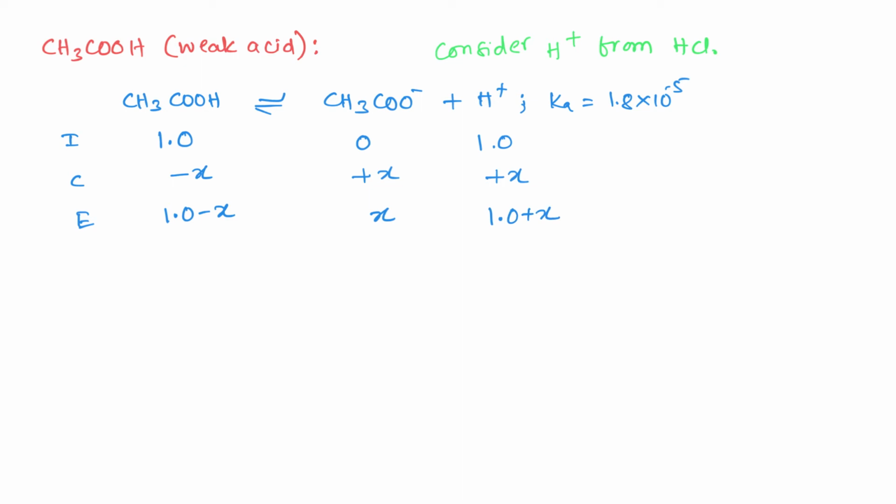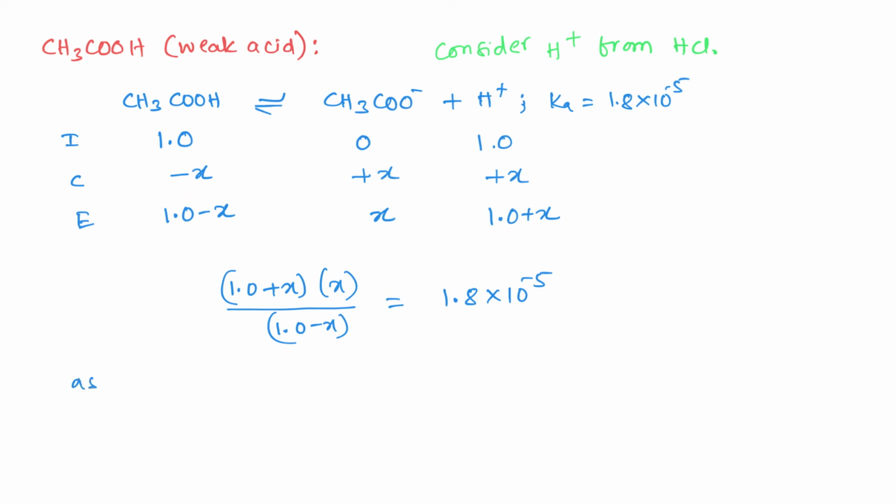If we plug in these equilibrium concentrations into the equilibrium constant expression, we get 1.0 plus X times X divided by 1.0 minus X is equal to 1.8 times 10 to the minus 5, which is the Ka of acetic acid.